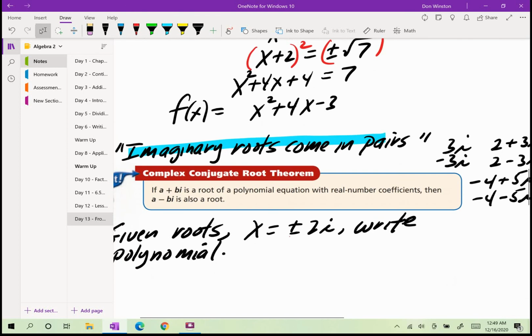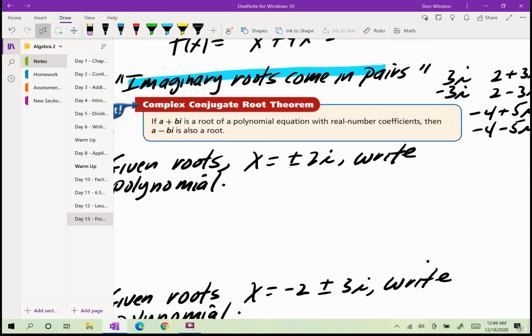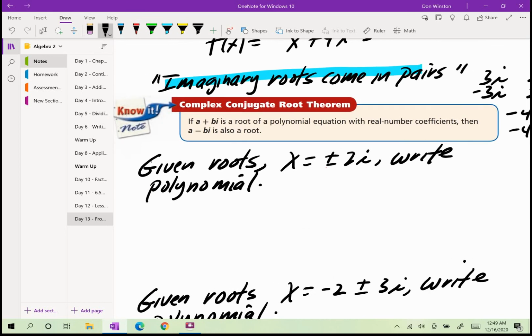Okay, so writing a polynomial given imaginary roots is really no different than what we just did with irrational roots. So let's say here the roots are plus or minus 2i, and I want to write a polynomial with those roots. So I have x is equal to plus or minus 2i. Again, I have to square both sides. And so I get x squared is equal to 2 squared, and then I squared.